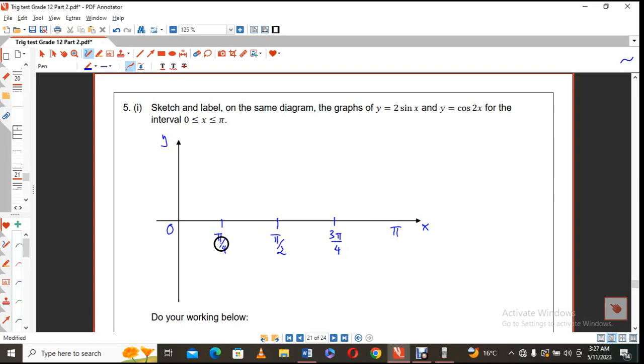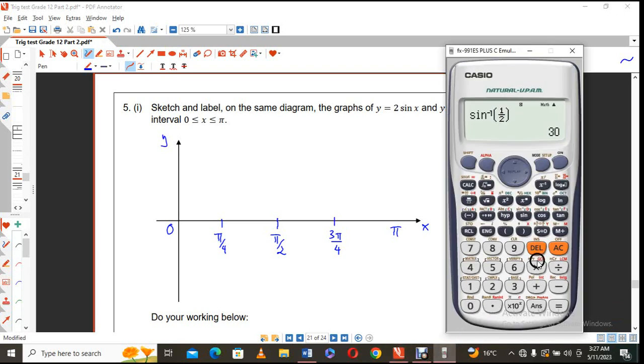All right, that's 45 degrees, 90 degrees. Remember that you have got 135 degrees and you've got 180 degrees. So always break it into small parts so that it's much easier.